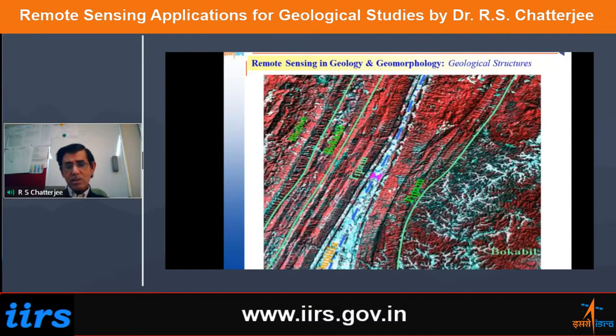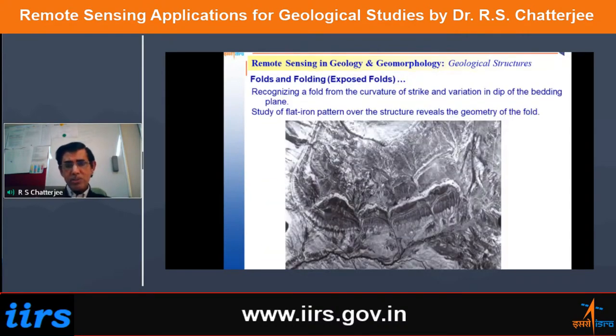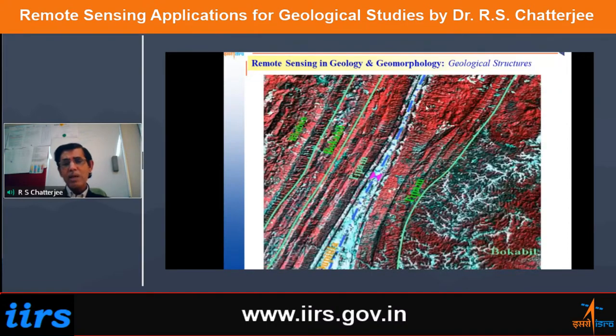Now you see, in the previous one, what kind of structure was it? It is a domal structure, a doubly plunging fold. But in this case, it is non-plunging. But how do we interpret it as a fold? You see, there is a symmetrical repetition. In the center, there is one kind of rock which is very soft, shale or clay kind of rocks.